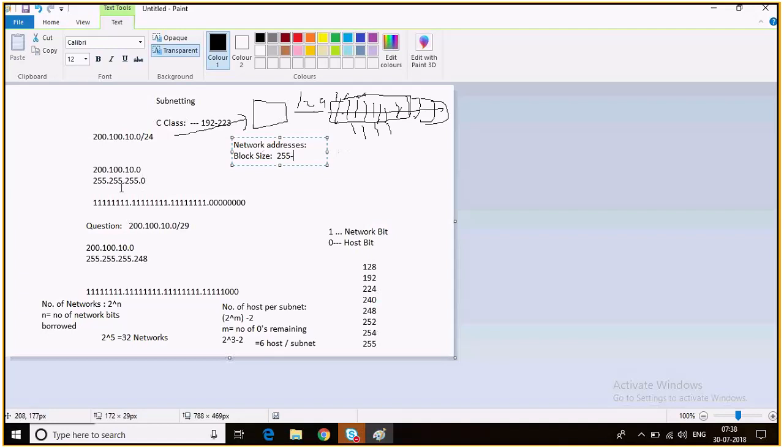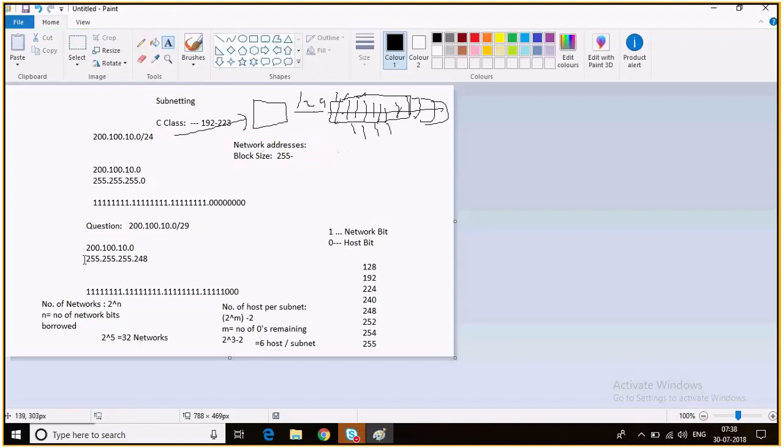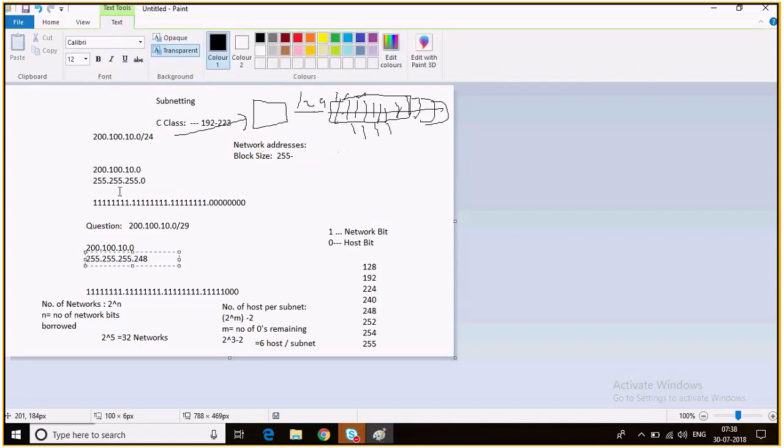Interesting octet is found by comparing the default subnet mask with the subnet mask that we have in the question. The default subnet mask for class C addresses is 255.255.255.0, and the subnet mask in question is 255.255.255.248. Remember, the interesting octet is any octet which is changing when I compare this with the default subnet mask.